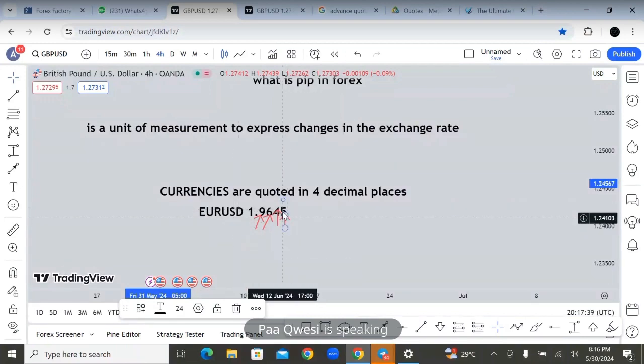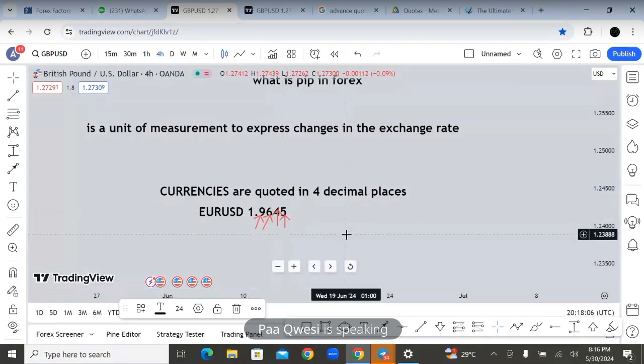As I've showed you, this is the first one, this is the second one, this is the third one, and this number is the 4th decimal place. So if you are calculating your pips, you start on the 4th number after the point. The 4th number is 5, so you are going to calculate it on this one.